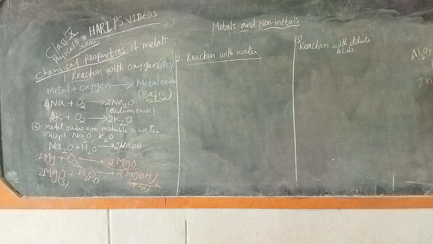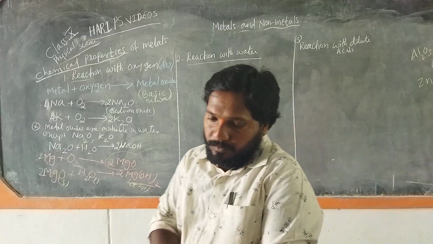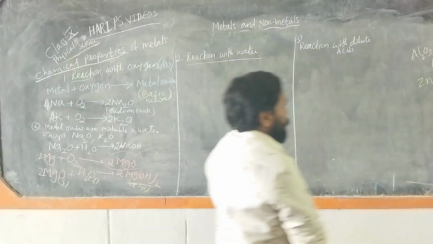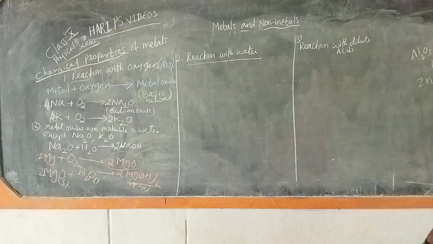Then zinc oxide reacts with bases, it gives Na2ZnO2, that is sodium zincate, plus water. So it reacts with the acid as well as the base, and they form respective salts and water.